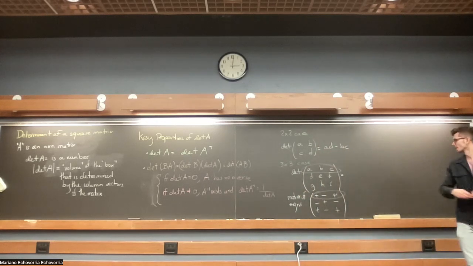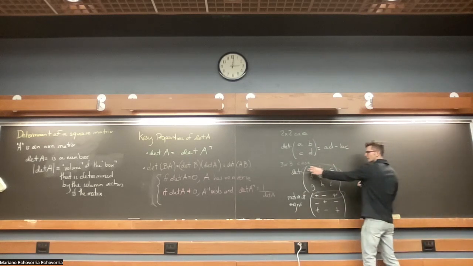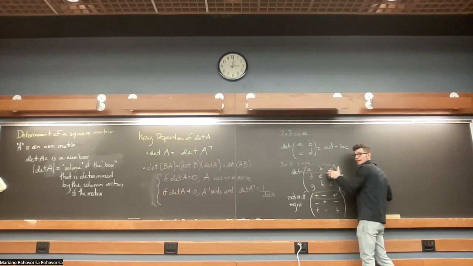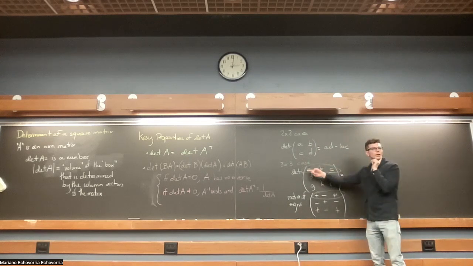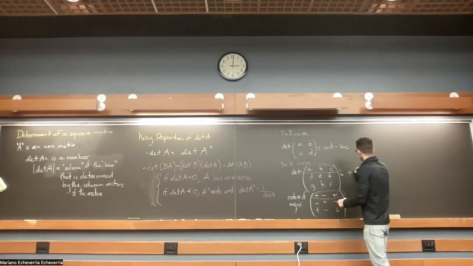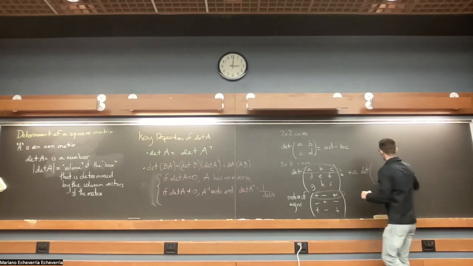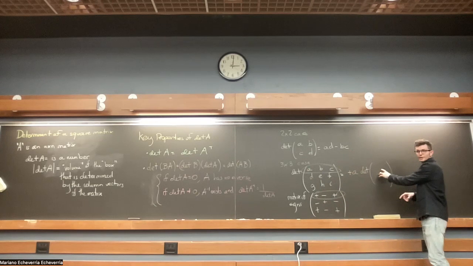Okay. And now it's very easy. What I'm going to do is read these entries from the matrix, but I'll read them with the corresponding sign that the formula is giving me. So A comes with a plus, right? So I'll put plus A. And the idea is that I'll multiply this times a determinant. You'll see what I put here in a second.